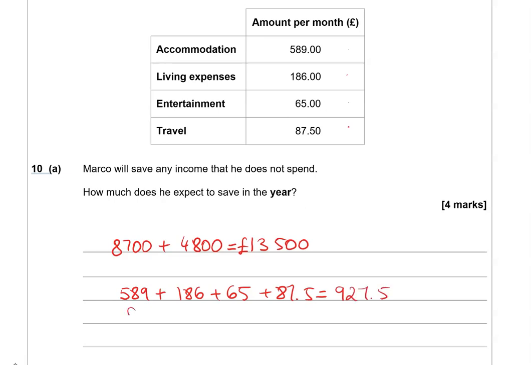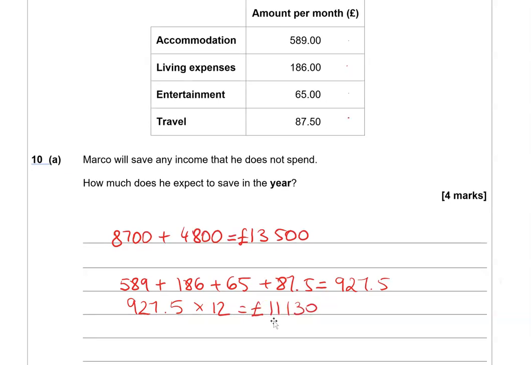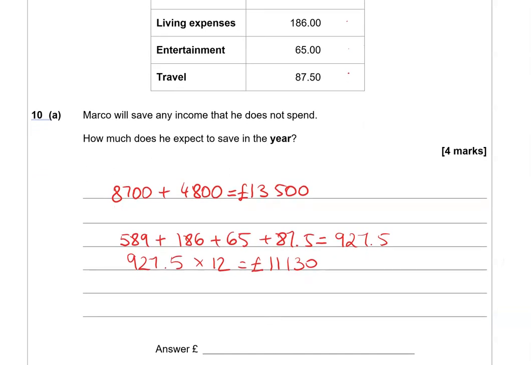We'll multiply this by 12 to get £11,130. So we'll take that away from 13,500 to work out how much he saves, and that is £2,370.